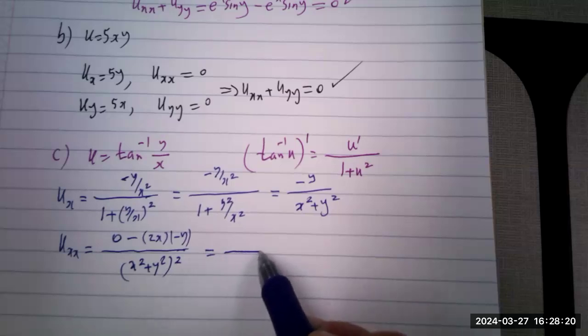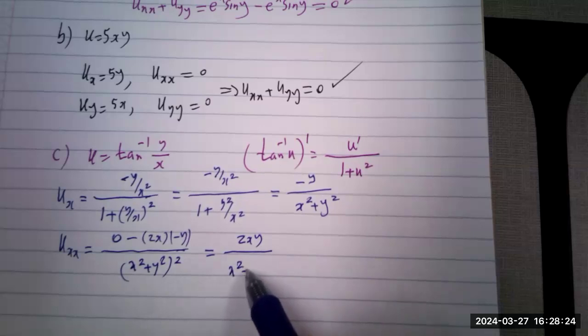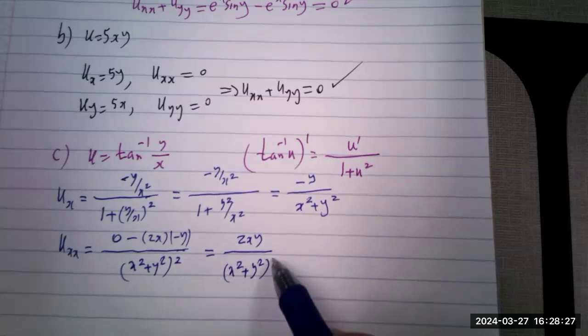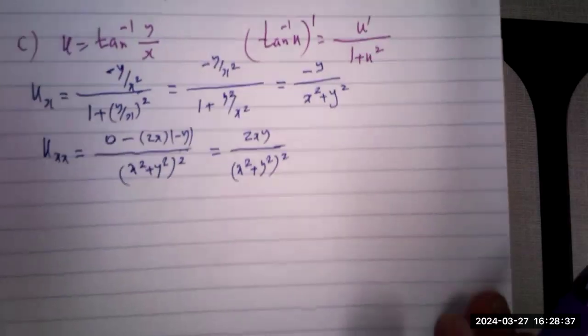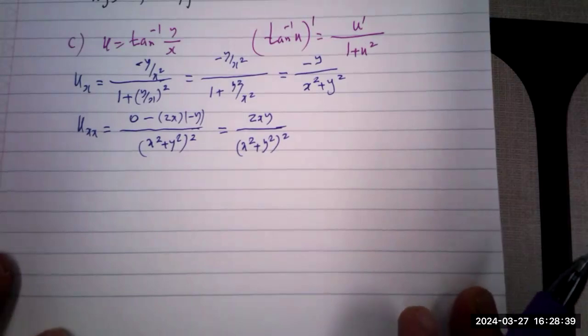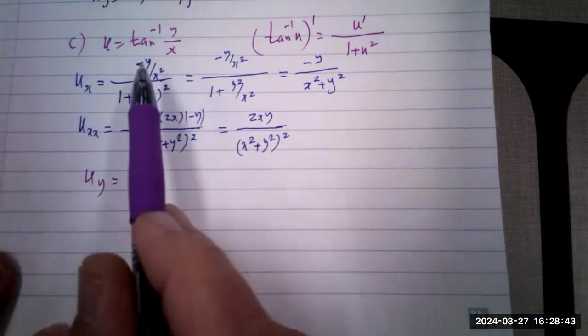So we multiply the top together, and that gives you 2xy over x squared plus y squared, all squared. That's the second derivative of u with respect to x. Any question? The y is very similar. There is only one difference, just one negative sign. So repeat it again, but with respect to y.